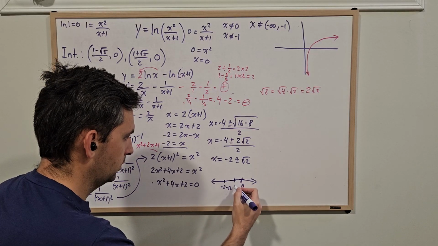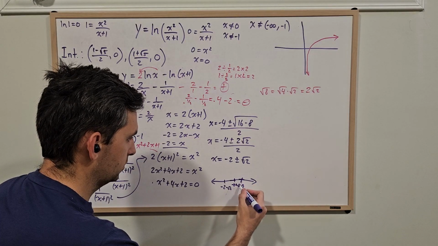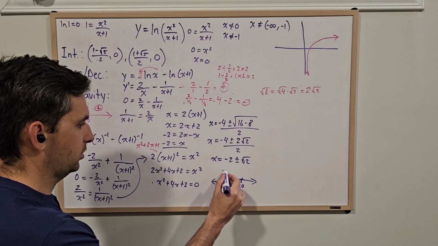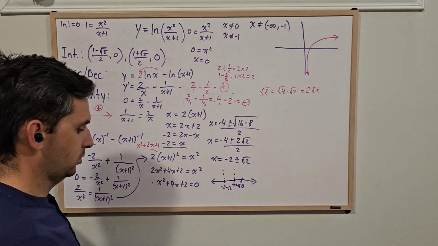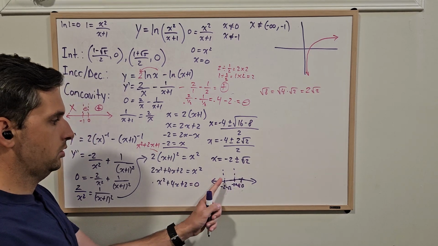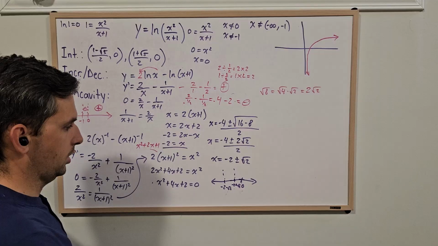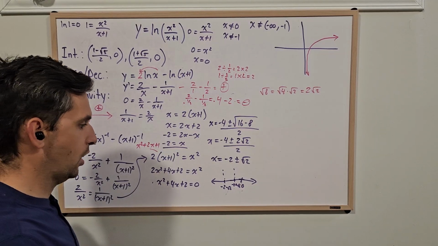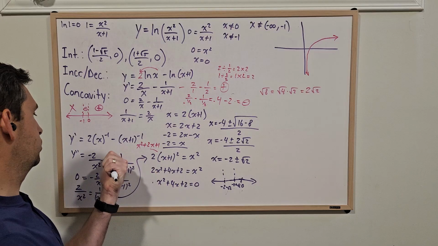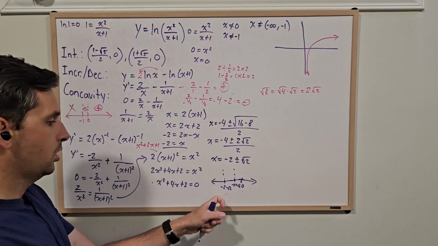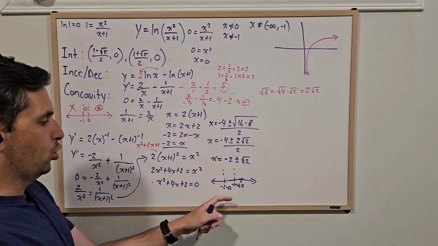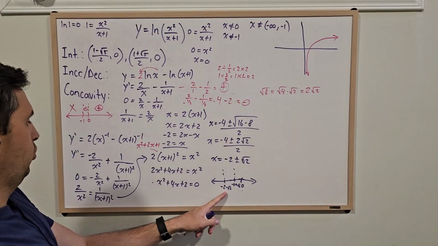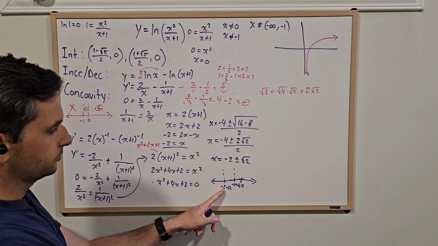Okay, this is going to be negative 2 plus root 2, right? And we have values here in between these two, and then when it's greater than that one, okay? We're going to plug some of these values into our second derivative to see what we get, whether it's positive or negative. That way we'll know whether we're concave up or concave down.